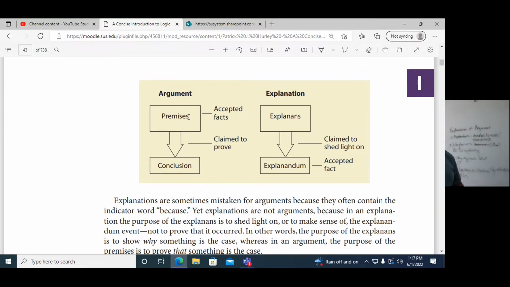But pay attention to the flip side, an explanation. An explanation never goes beyond the accepted facts. So the explanans are those statements that explain the object of explanation, but notice we don't go beyond. The main difference between argument and explanation is that we don't go beyond accepted facts.